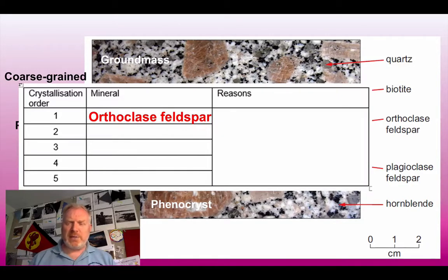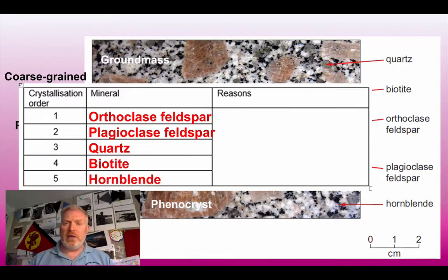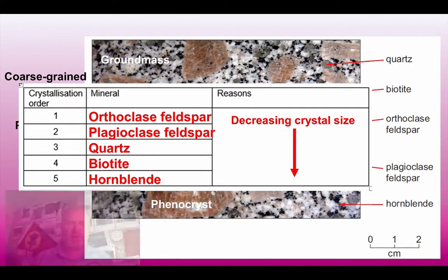With orthoclase feldspar as the first mineral to form, followed by plagioclase, quartz, because they're a similar size, and then biotite and hornblende as the finest grain ones that must have filled up the bits that were left. The small gaps and the tiny last bits of magma that existed around the bigger crystals. So we've organised it by decreasing crystal size.